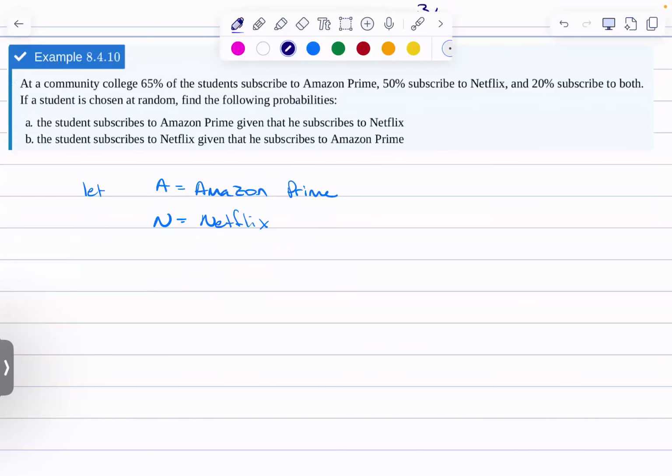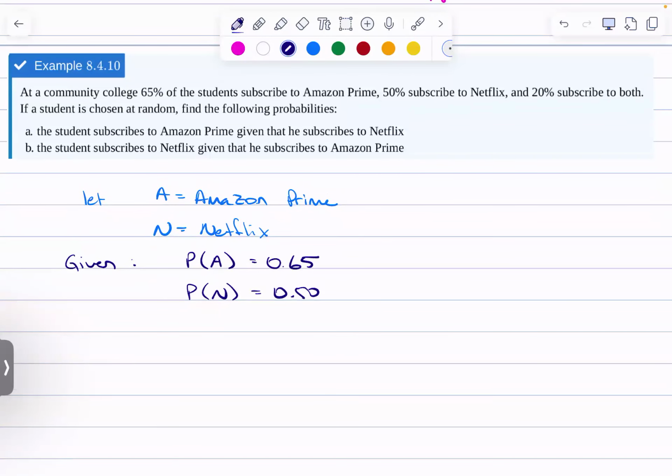In that case, using that notation, then we're given the probability of A is 0.65. The probability of N is 0.5. And what's the 20%? It's the probability of A and N. Right? If you subscribe to both, then you're in the A and N.